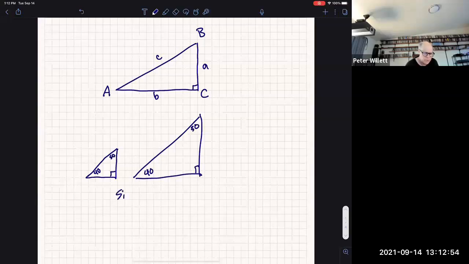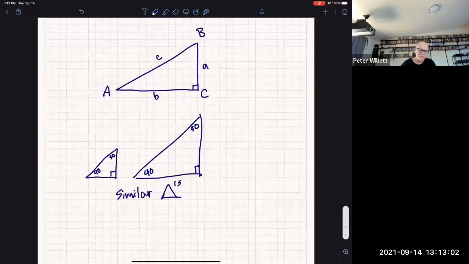We called those before similar triangles. Well, what this means is that if I know the angles of a triangle, there's no way that I can necessarily know the sides. Because it's quite possible you could have 2 different triangles that have the exact same angles, but the sides are all different. Like maybe in the bigger one, all the sides are twice as big as the smaller one.